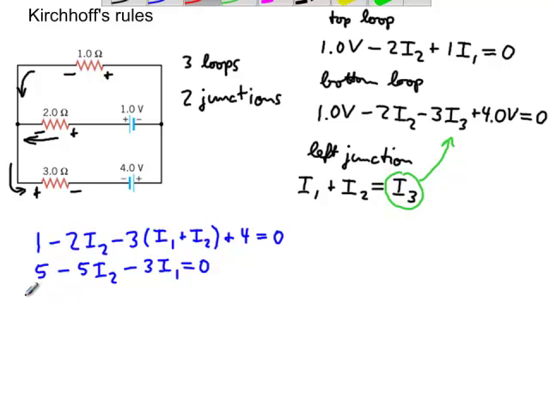So 3 times the first one, notice I get 3 minus 6I2. Why did I do that? Because I noticed that when I do that, my last one here is going to be 3I1, and then when I just add that one, I'm going to be able to eliminate the I1. And I'm kind of running out of colors here, so there we go.